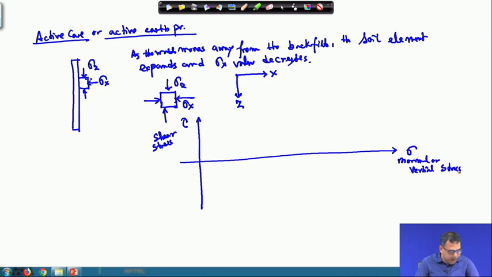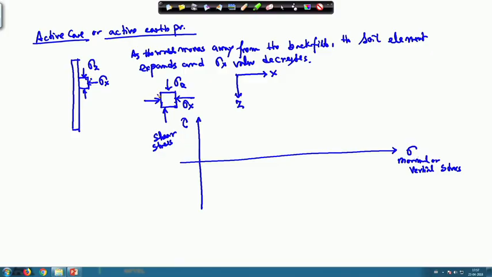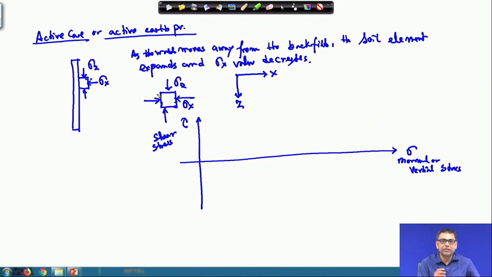You can see that in this element no shear stress is acting, so all these normal stresses are principal stresses. Principal stresses means that on a plane where shear stress is 0, the normal stress acting on that plane is called the principal stress.